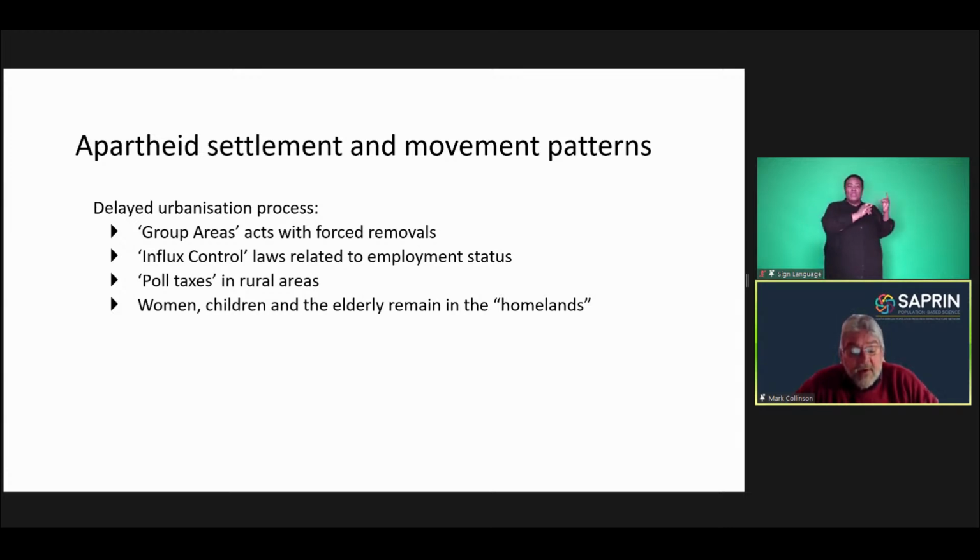higher percentage of people living in urban areas, so the rural to urban dynamics were very much changed because of the Bantustan system that Kath Hall was showing us about. The Group Areas Acts with its forced removals, influx control laws that were tied into employment status.